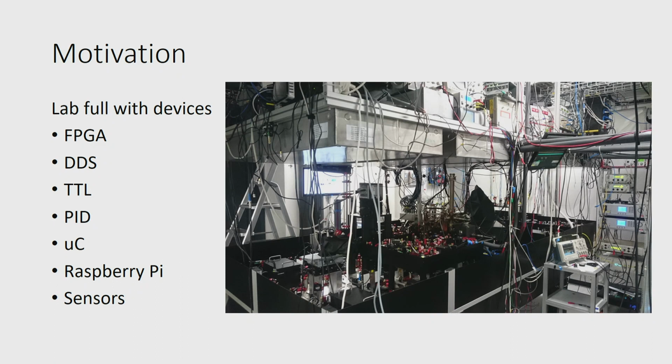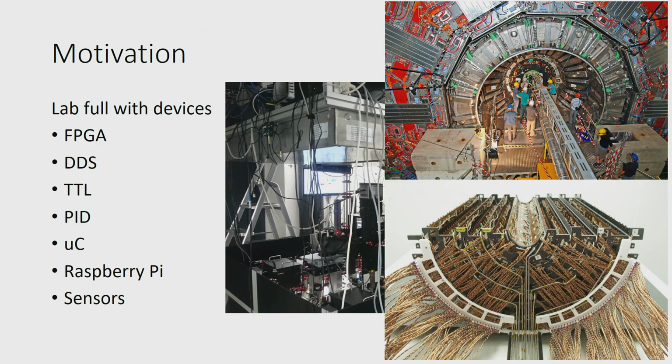So that's the world where I mostly live, where I can mostly buy devices and just make them play nice together. And occasionally the device I want doesn't exist or doesn't exist at the price point I want, so then I have to make my own. For Stefan, it's somewhat different because they're doing the detectors at CERN, and I guess they would love to be able to just buy what they needed, but it just doesn't exist, so they're forced to do it all themselves.